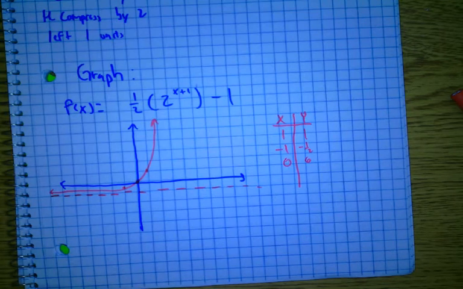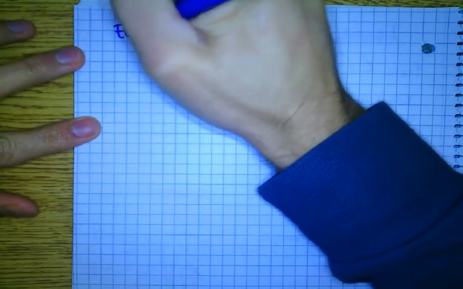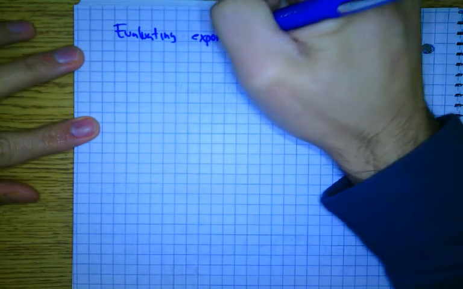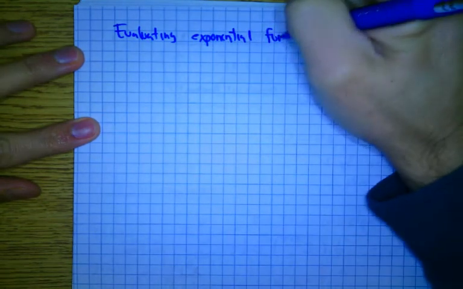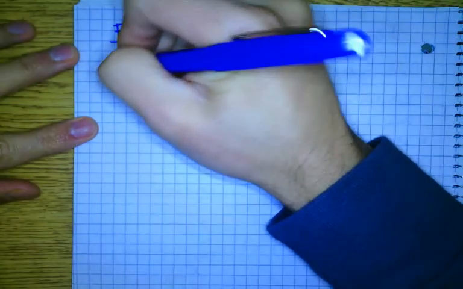Okay. So now, the last thing I want to talk about as far as exponential functions go, well, actually, there's 2 more things. I want to make sure that you can use your calculator with exponential functions, which is, can you evaluate functions? So evaluating functions. Just to keep it simple, let's say you have f of x equals 2 to the 2x plus 1.